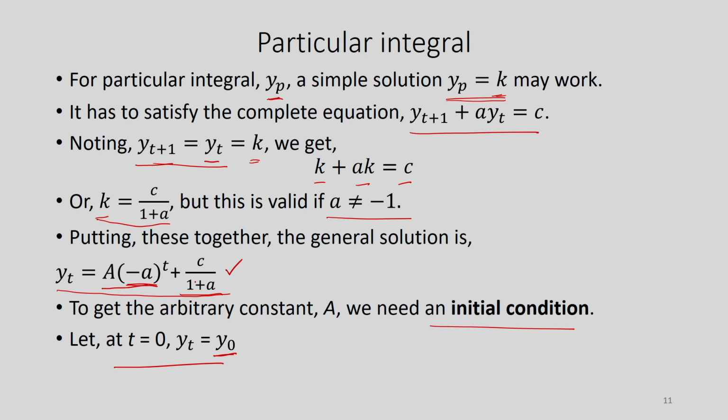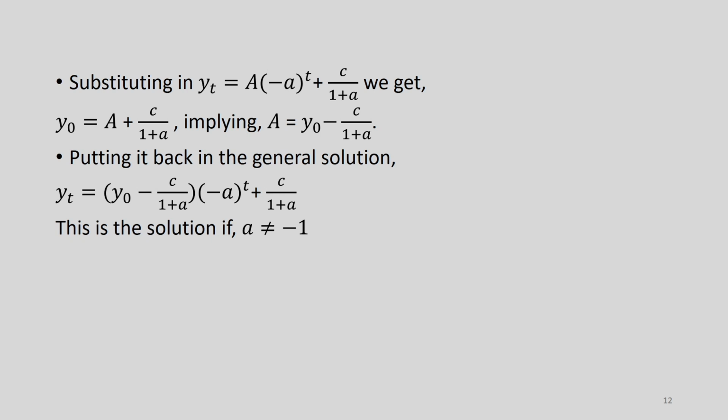So, this becomes capital A plus c divided by 1 plus a. y_0 is equal to A plus c divided by 1 plus small a, and that gives me the value of capital A. So, the arbitrary constant has been gotten rid of, and I substitute this capital A back into the general solution, and I get the expression y_t is equal to y_0 minus c divided by 1 plus a, this was the A, multiplied by (minus a) to the power t, plus the particular integral, which was c divided by 1 plus a.